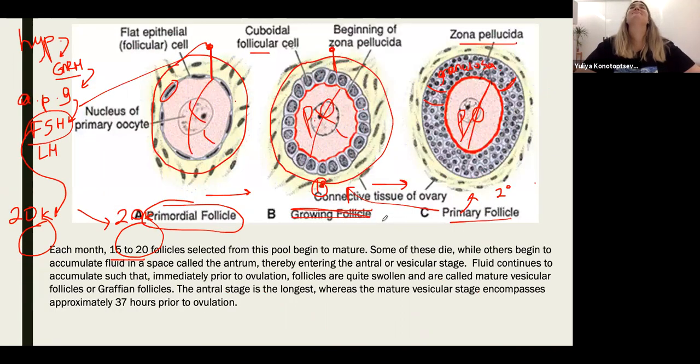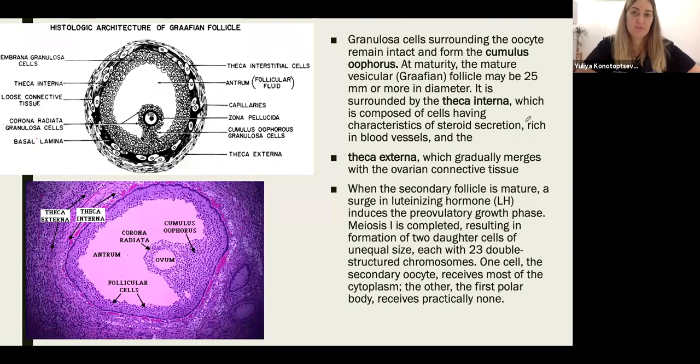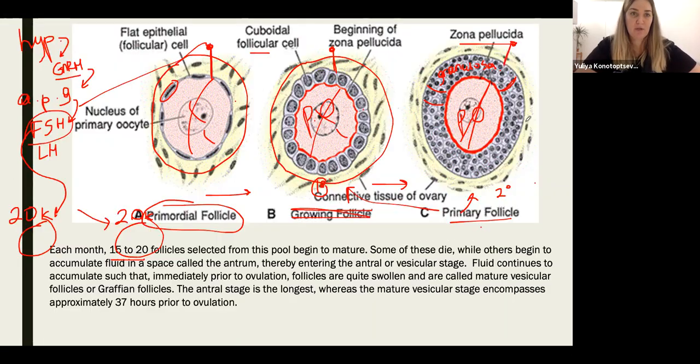Okay, last thing. I promise, last sentence, literally. Primary follicle should become secondary. Still, there's going to be a receptor for FSH. FSH comes in, stimulates this follicle to grow, right? So this follicle can become a secondary follicle. Unfortunately, I don't have a picture for it here. I promise next class, or whenever I'm meeting you, I'm going to give you the picture.